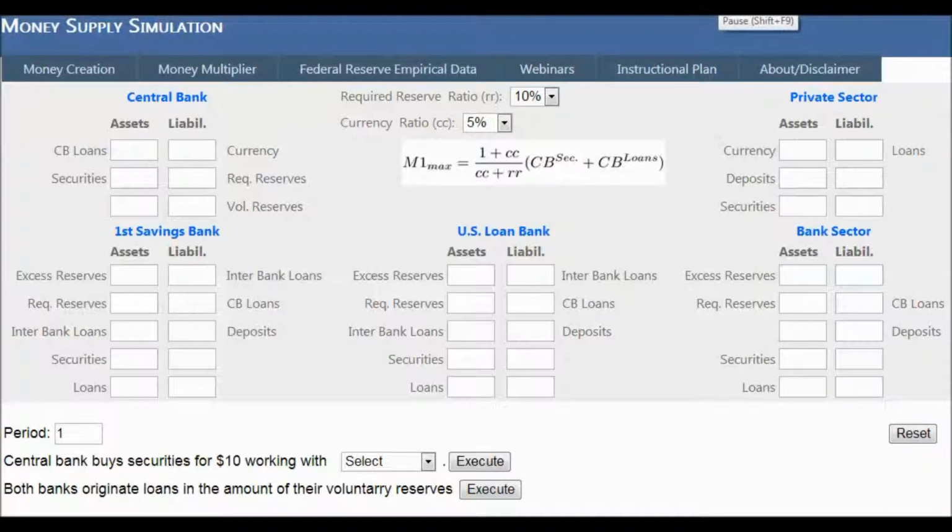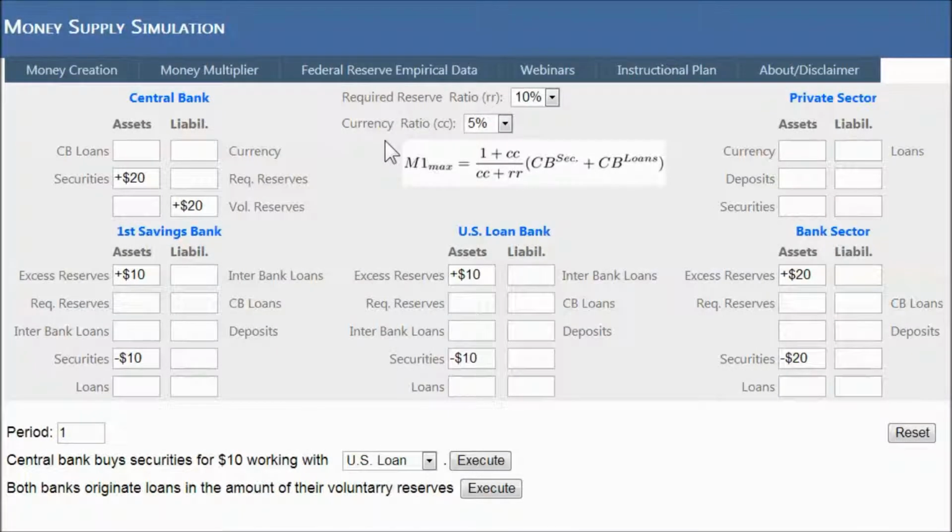In the advanced scenario, students already learned that both required reserves and currency demand drain banks' reserves and thus stop money creation. The instructor can introduce the money multiplier simulation by asking the question, how much money can banks potentially create when the reserves are given?